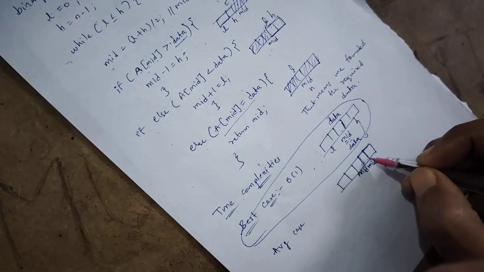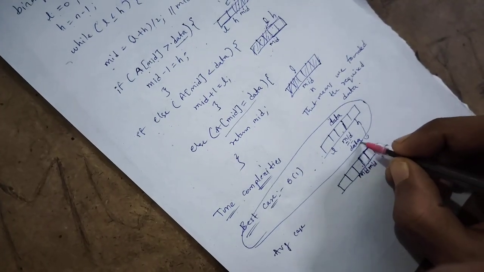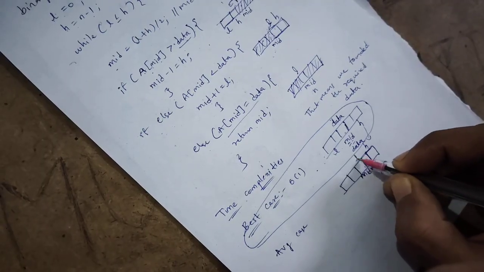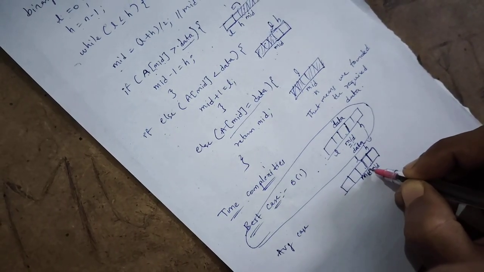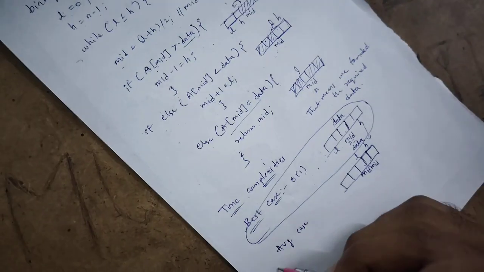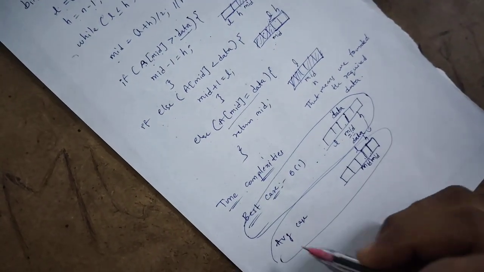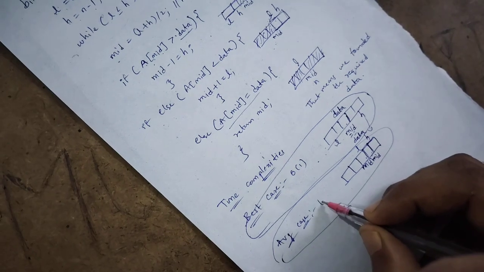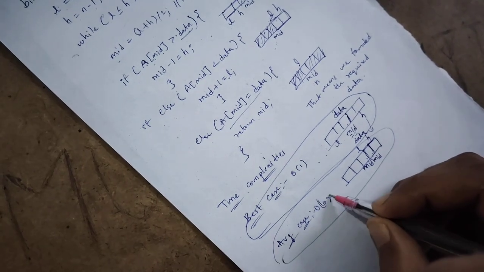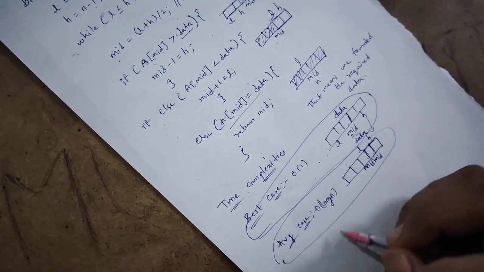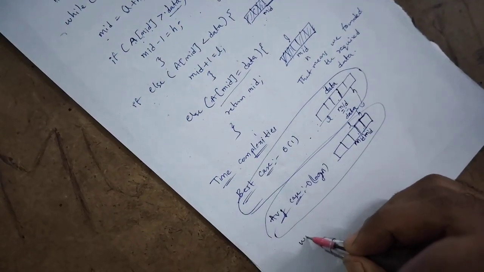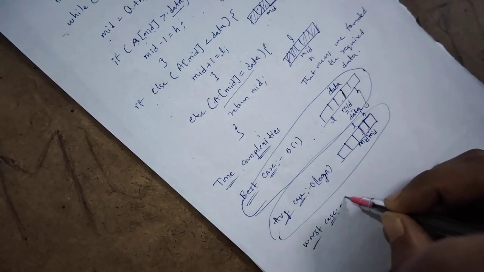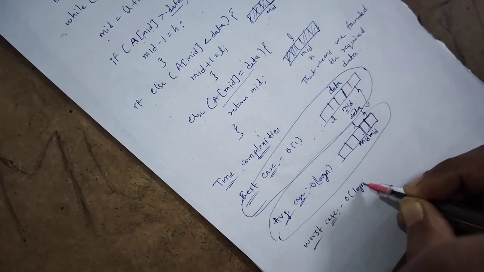So H, L, this is mid. This is the average case, that is order of log n. The worst case is also order of log n.